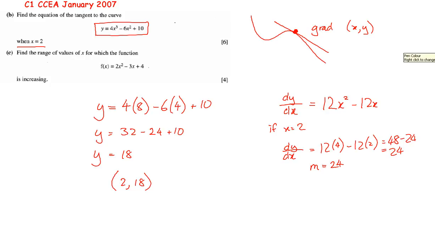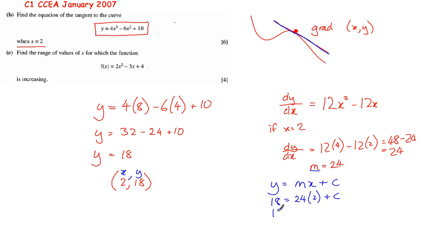So let's now find the equation of this tangent, the equation of that line. And the equation of any line we know is y equals mx plus c. So we need some way of getting this value of c. Well, let's fill in everything we know. We know that at a point xy, we have a gradient of m. So when y is 18, the gradient is 24, and the value of x is 2.